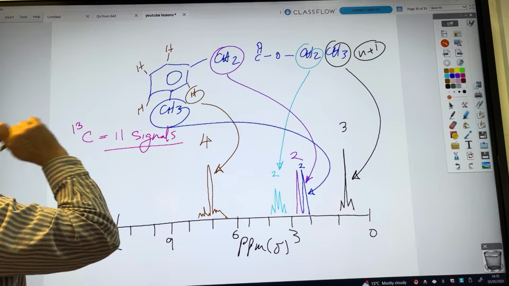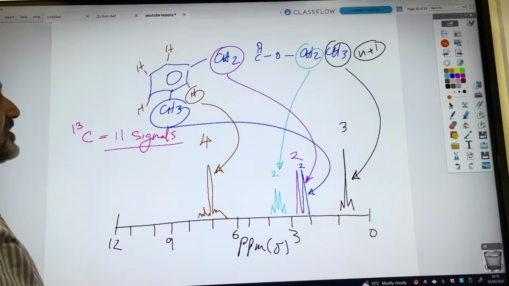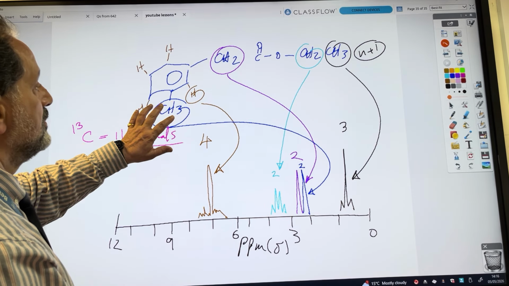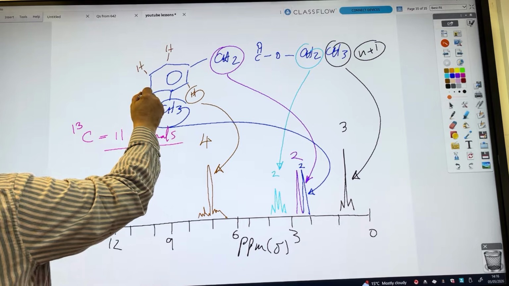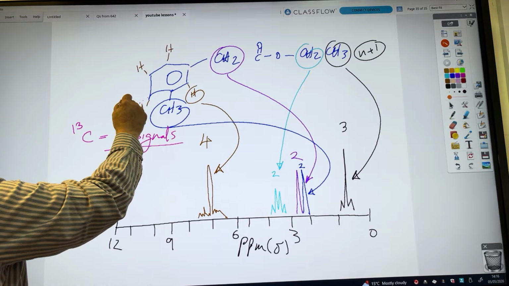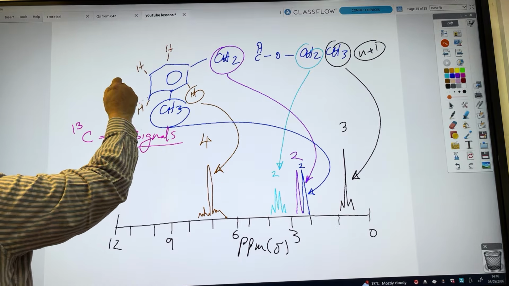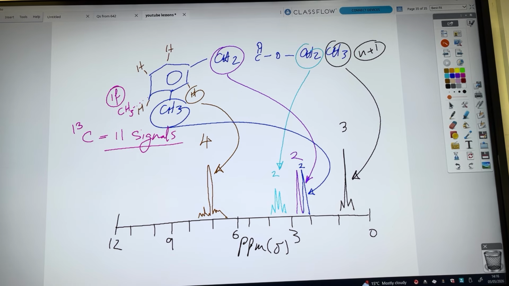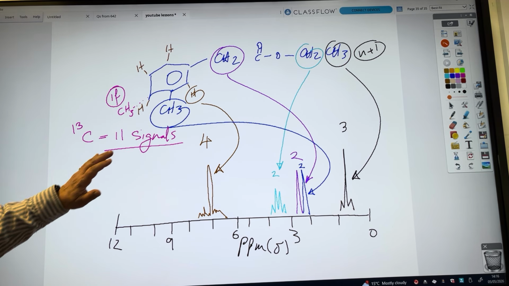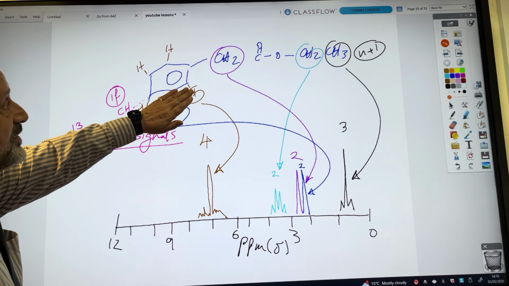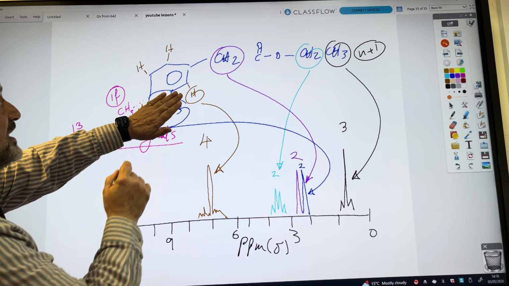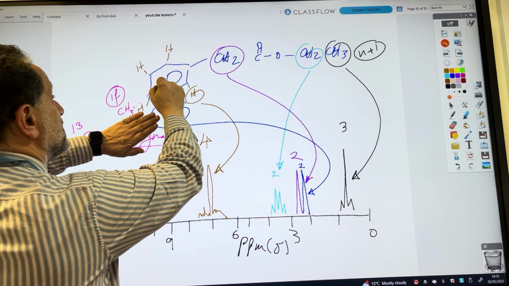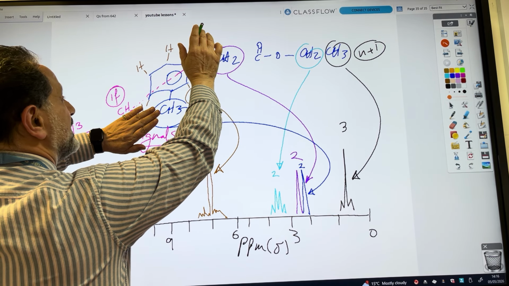Now, imagine if that CH3 was actually here. I write if, right? Then what would be the situation? Try not to see this anymore. But now can you see that the molecule is going to be symmetrical about there?